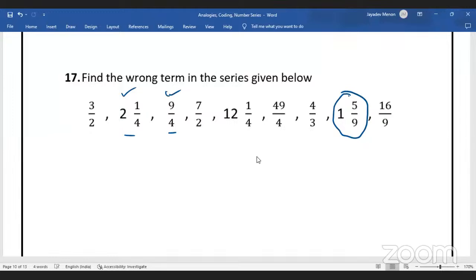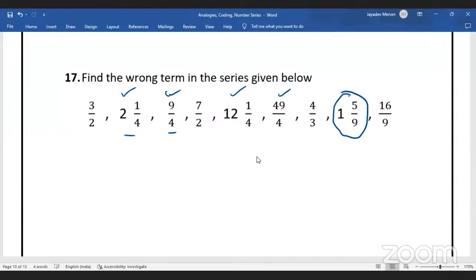If you are looking at the square, 7 by 2 whole square is 49 by 4. Now its mixed fraction is 12 and 1 by 4. 4 into 12, 48. 48 plus 1, 49 by 4. So we have the fraction, its square in fractional form and in mixed fraction form.